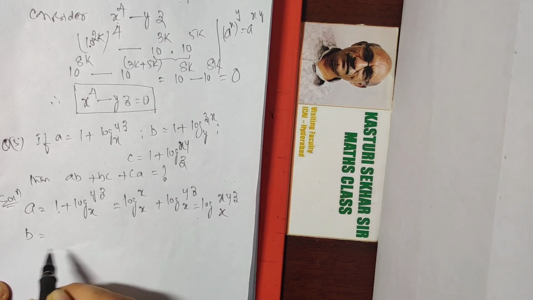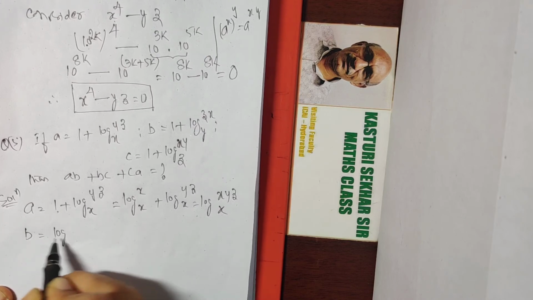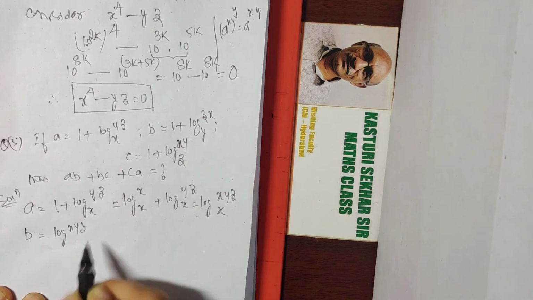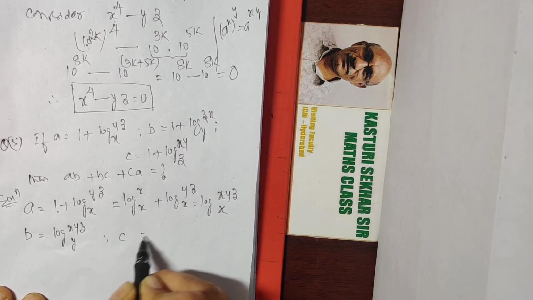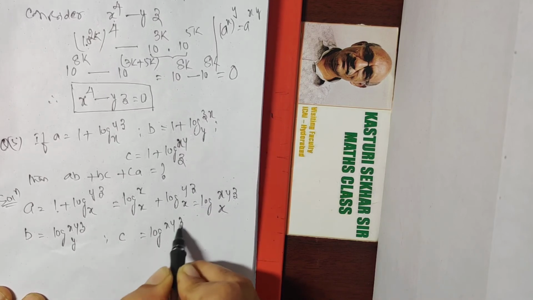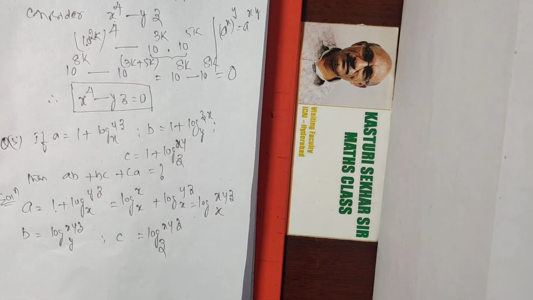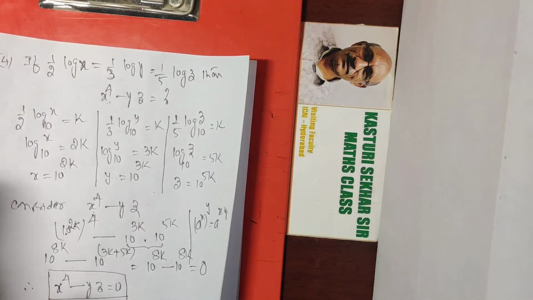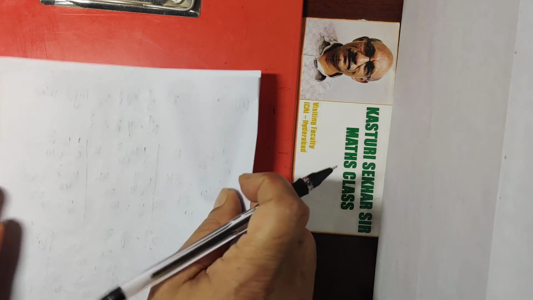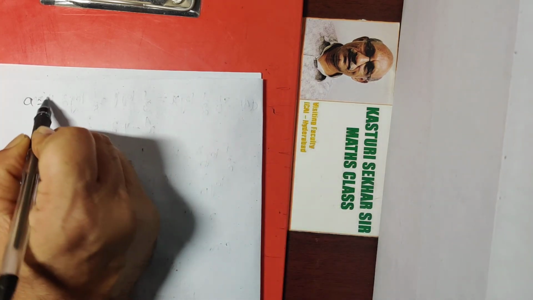Similarly, you can write b is equal to log xyz to the base y, c is equal to log xyz to the base z. Now look at this point once again.